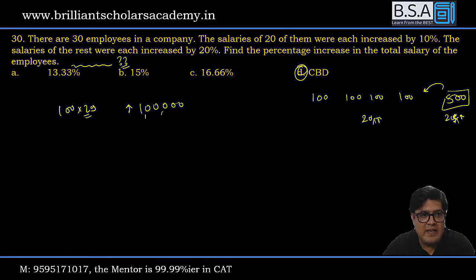Are you able to understand how we approach the question number 30? क्यों आंसर CBD है, दैट इज इंपॉर्टेंट. Why is the answer CBD? एक बंदे का सैलरी बहुत ज्यादा है, बहुत कम भी हो गया, तो एवरेज आप नहीं ले पाओगे, वेटेड एवरेज नहीं काम करेगा. फिर इंडिविजुअल का सैलरी आपको सबका निकालना पड़ेगा, विच इज नॉट गिवन.